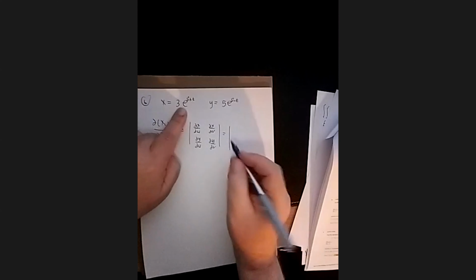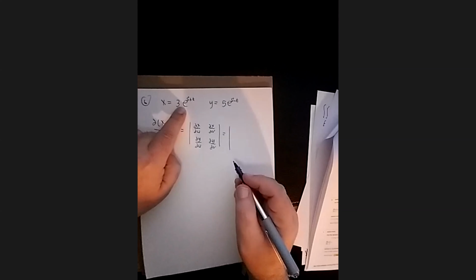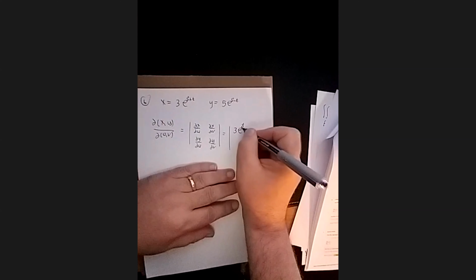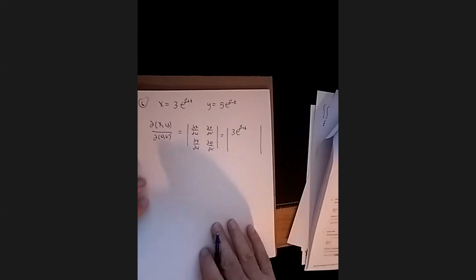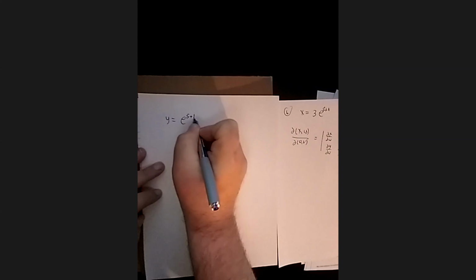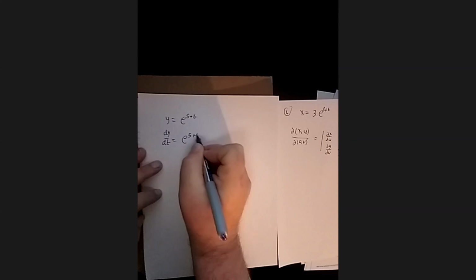Okay, if you differentiate 3e to the s plus t with respect to s, you just get 3e to the s plus t. Let's do that as a side issue. If I went and said to you, y was e to the 5 plus t, and I asked you to differentiate it with respect to t, wouldn't the answer be e to the 5 plus t?